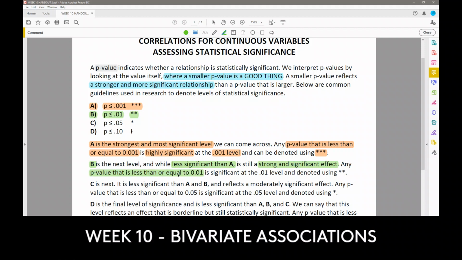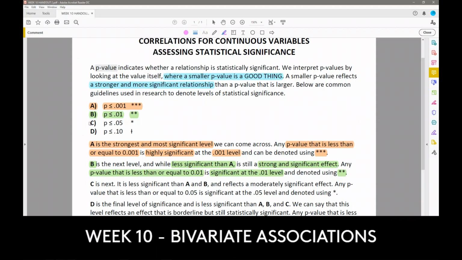If the p-value is less than that, it is significant at that level, okay, and is denoted using 2 asterisks, okay? So again, a p-value that is less than 0.01, okay, but greater than 0.001 would fall in the B level of significance, okay?